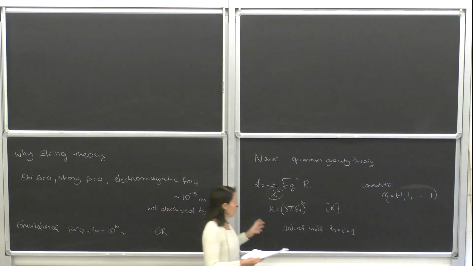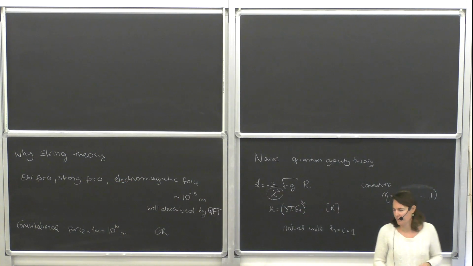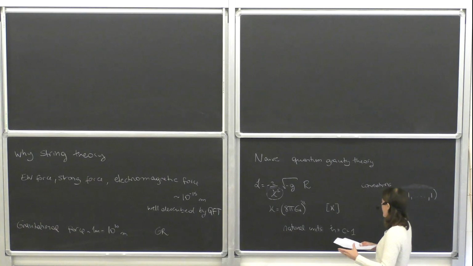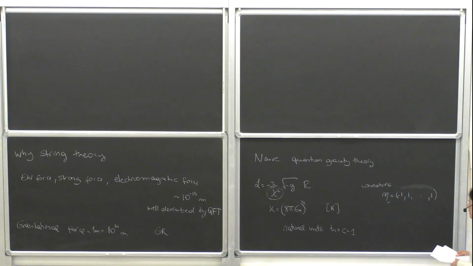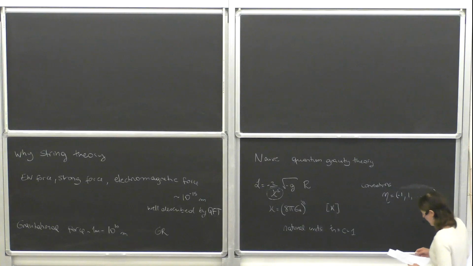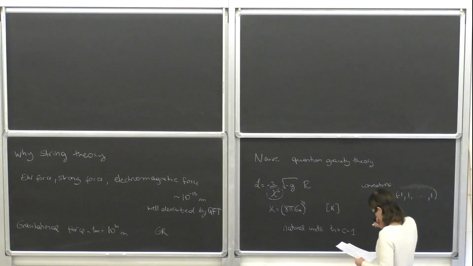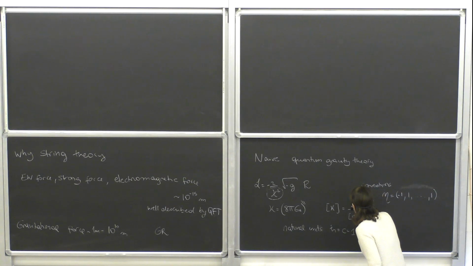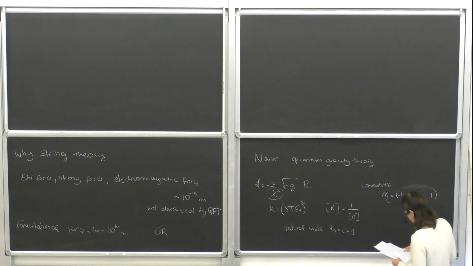And that means there's only length and energy or mass, which is 1 over length. So as a scale, there's only a length scale, or the inverse, which is a mass scale. And if you look at it in these natural units, this kappa has 1 over units of mass or energy.